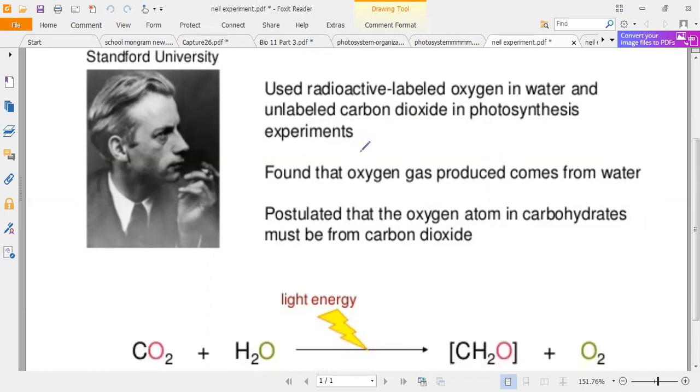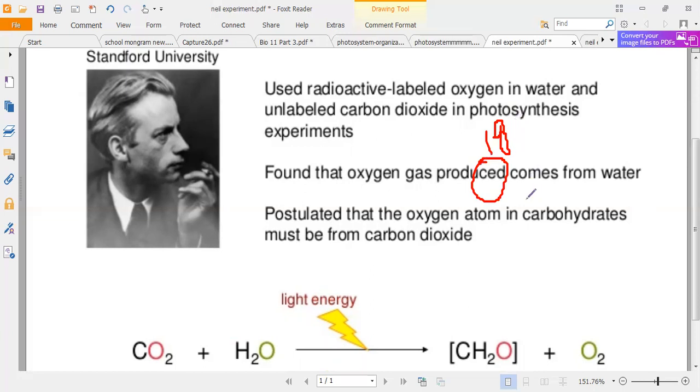He gave the hypothesis and did experiments on bacteria, and some more scientists have experimentally proved this when they used isotopic oxygen 18. You know that oxygen has molecular weight 16.